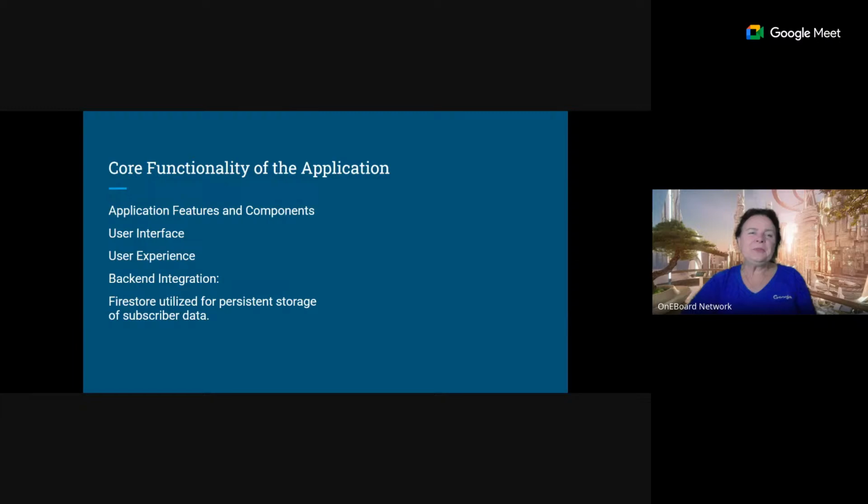So for the functionality of the application and components, it's a user interface where I gave the website. My purpose is to give the organizers a database of the subscribers on their own domain. That is povey.com.